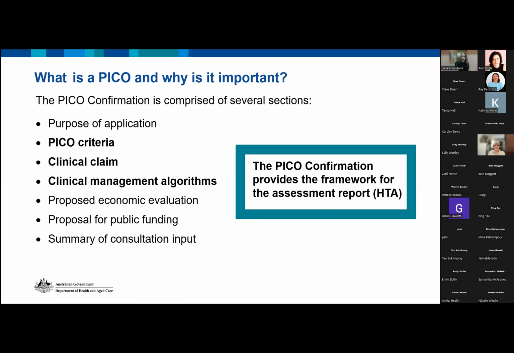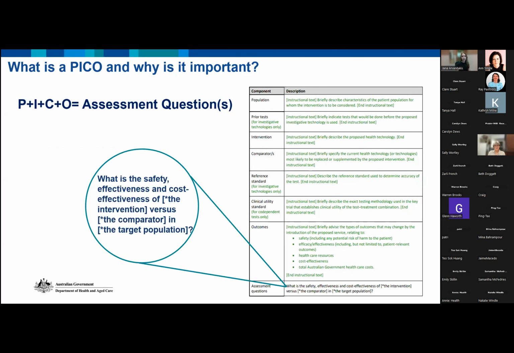So as previously mentioned, HTA is comparative. Therefore, the assessment questions are most commonly presented in the form of what is the safety, effectiveness, and cost effectiveness of the intervention versus the comparator in the target population. So for example, let's suppose I want to apply to MSAC to have a blood test publicly funded on the MBS to diagnose people with type 2 diabetes.